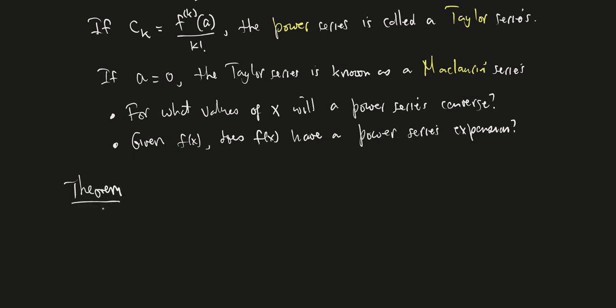It's not a theorem that we will prove. The proof of this is beyond the scope of this particular course, but let's write it down. So for a power series, and here we're just going to use our generic form, the sum from k going from 0 to infinity of c sub k times x minus a to the kth power.